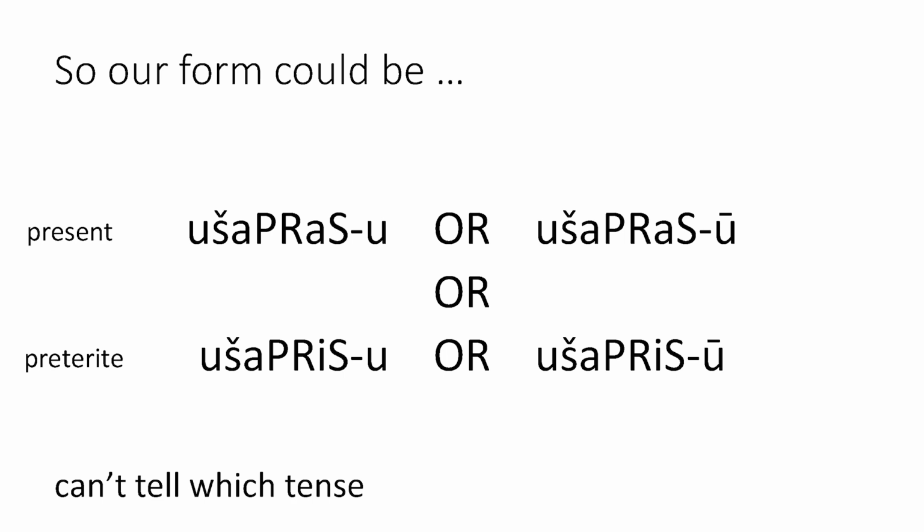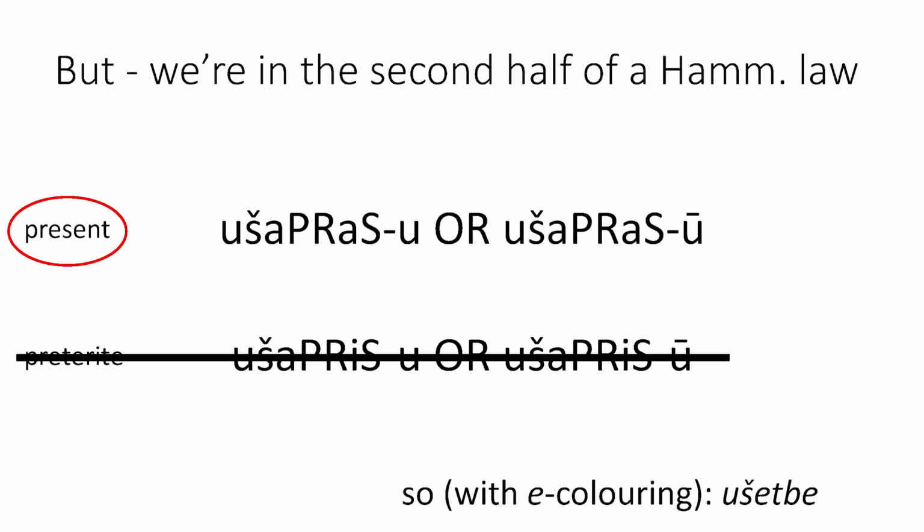But context helps. Our spelling occurs in the second half of a Hammurapi law, where we know that the present tense is used. So in context, the verbal form represented by our spelling must be present or durative, not preterite. Hence, taking account of the e colouring, our verb's equivalent of the pattern ušapras, without the u suffix, would be ušetbê.